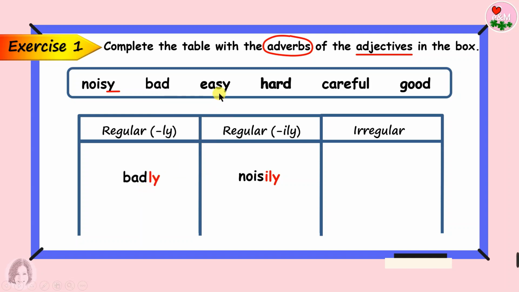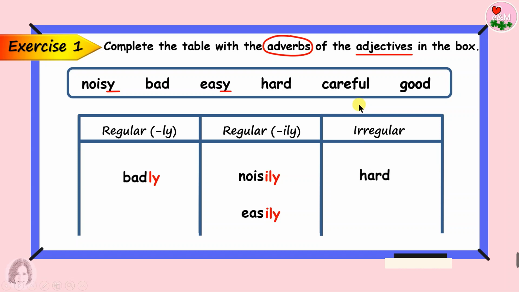The third adjective is easy, same with noisy, okay, ending in y. So change y into i, and then add ly, the adverb is easily. And then hard. Hard is an irregular adverb. The adjective does not get changed and it is used as an adverb.